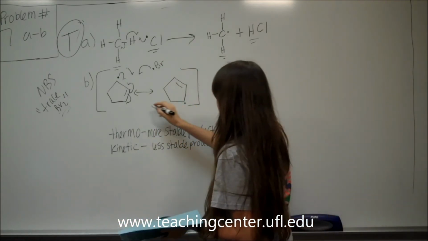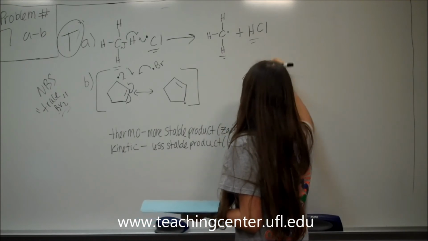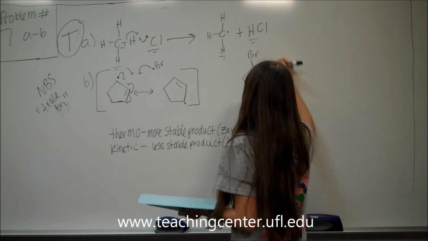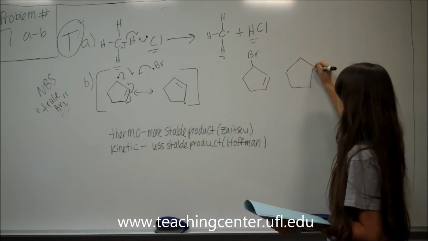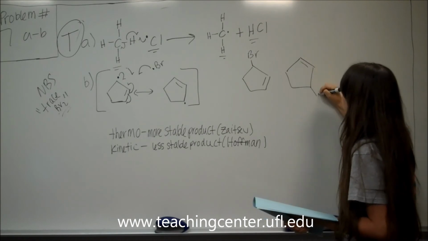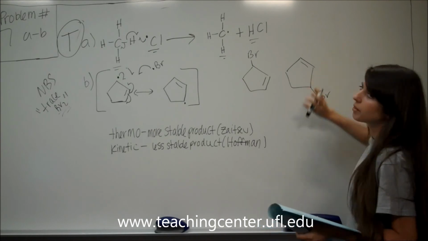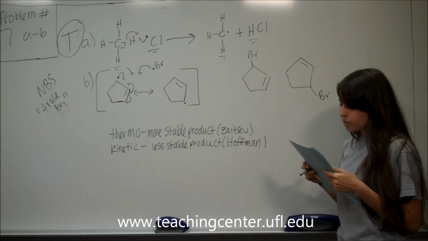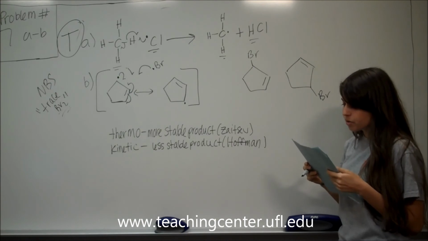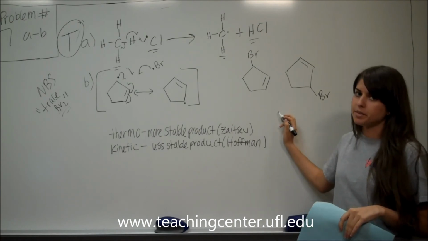So if I showed it adding to this one, we'd be getting bromine here, and if I showed it adding to this one, we'd get bromine adding here, which is the same exact thing, just kind of flipped around. So the answer for this one would be true. The products are the same, neglecting stereoisomers, so we're not even looking at stereoisomers.